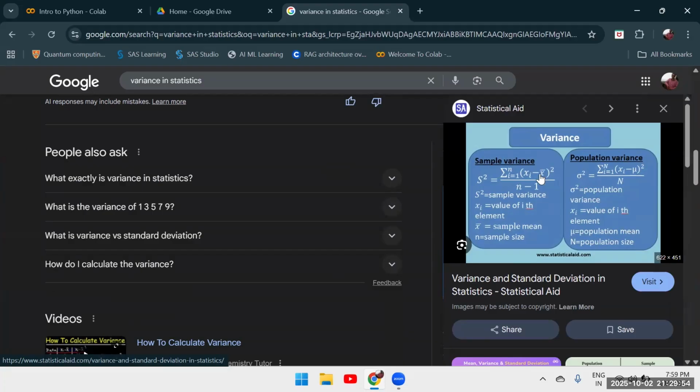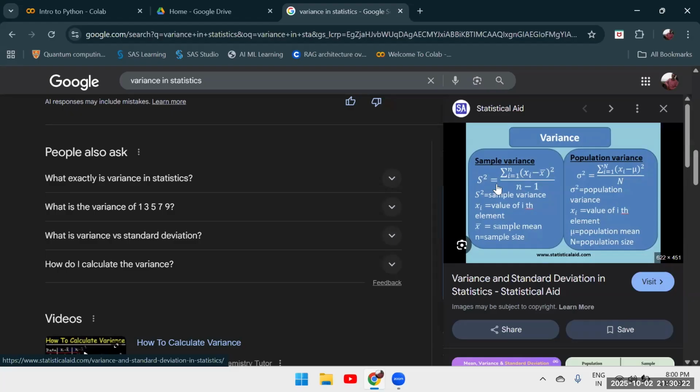This is basically the mean value, and they are taking each and every value, with i equal to 1 to n. If there are 10 records, from i equal to 1 to 10, it takes each and every value, finds the difference between that particular value and the mean, and squares this value.